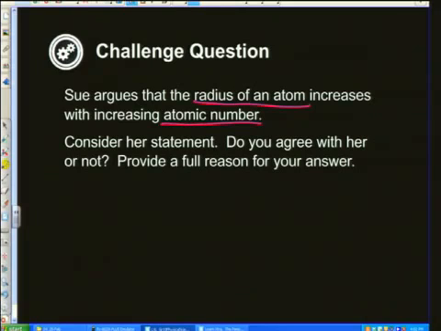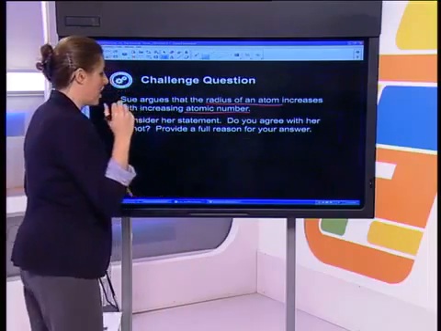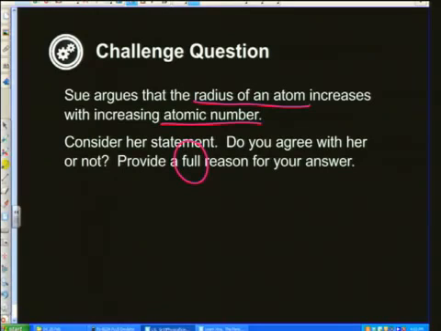So her comment is that as the atomic number goes up, the radius goes up. Well, consider her statement. Do you agree with her or not? So you can say, yes, she's true, or no, she's false, or whatever. Provide a full answer, and my hint there is full. It needs to be a very well thought out answer.